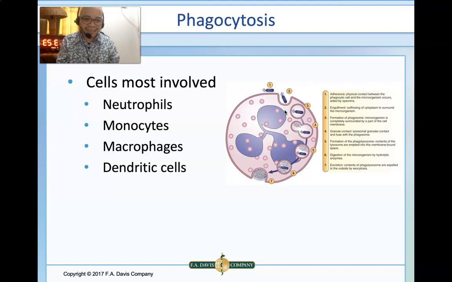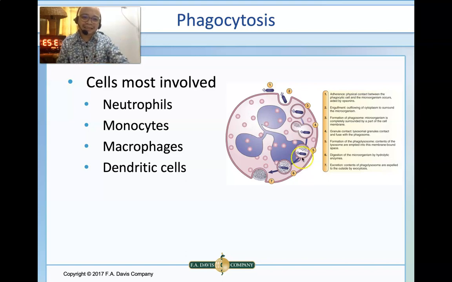Okay? Microorganism is completely surrounded by part of the cell membrane. And then, the organelle that you're able to see here, we call it the lysosome. Okay? So the lysosome is like the suicide bag for the bacteria because the lysosomal granules will actually come into contact with the phagosome and will fuse its content in the phagosome.